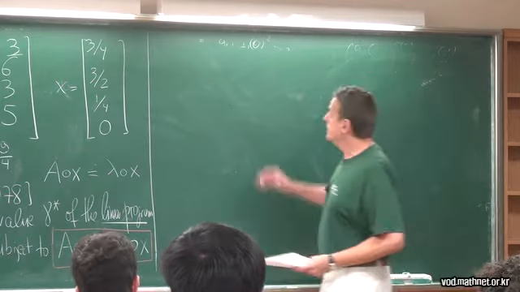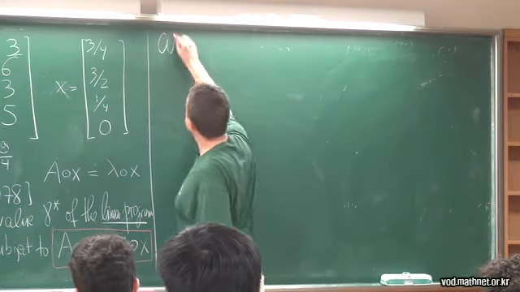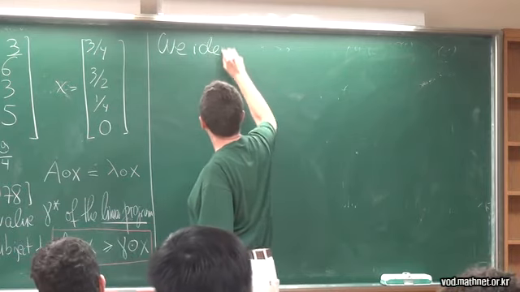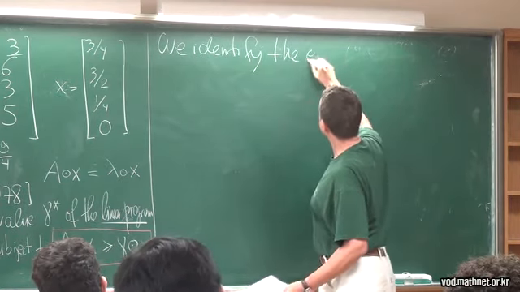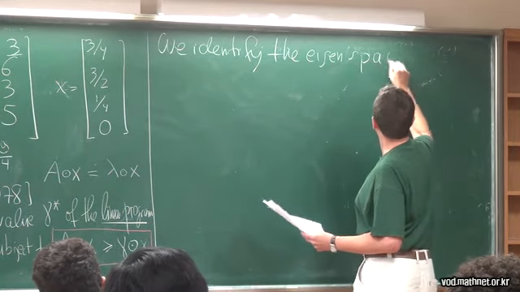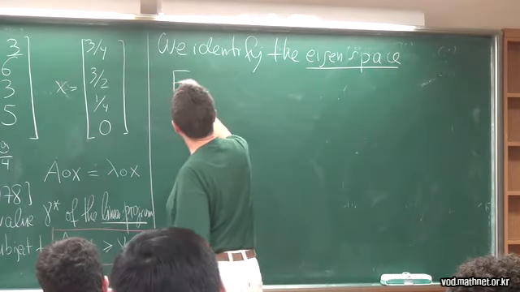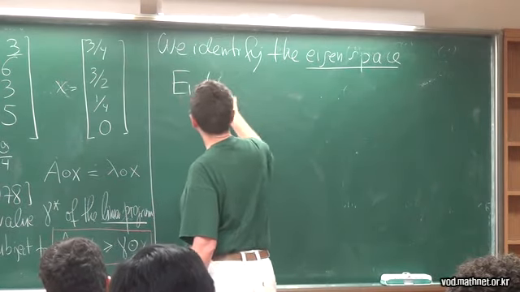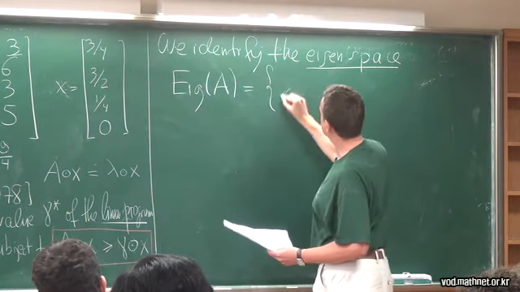Okay, let's talk a little bit about the eigenspace. Now there's a unique eigenspace. So we're going to identify the eigenspace. What's the eigenspace? I note Eig of A. By the eigenspace of a matrix, I'm going to mean this set of all eigenvectors.